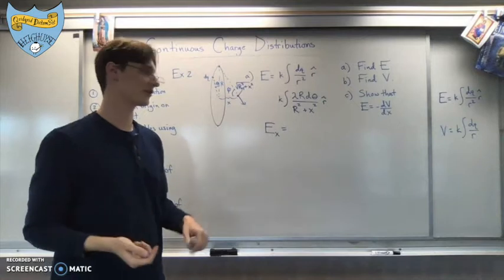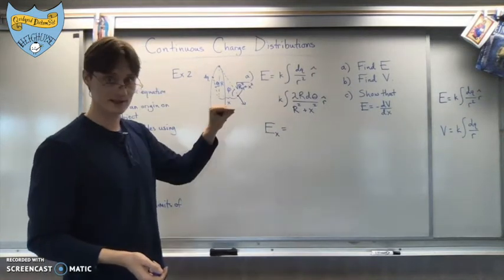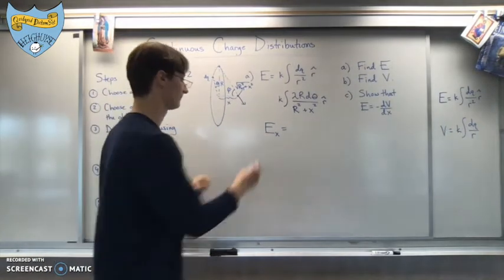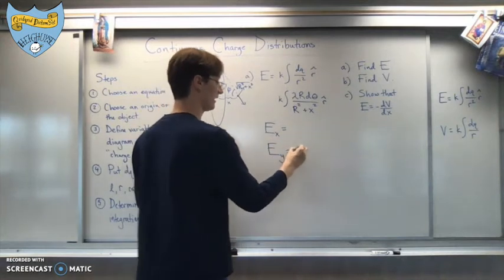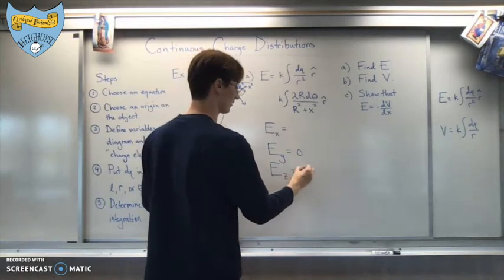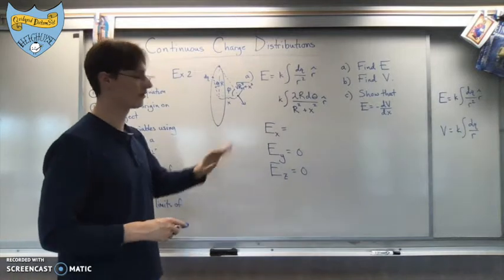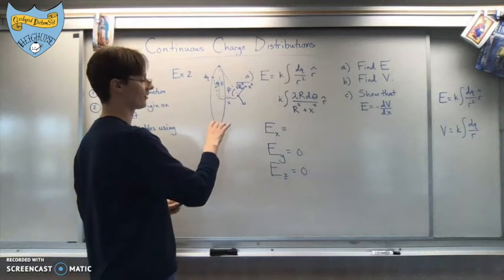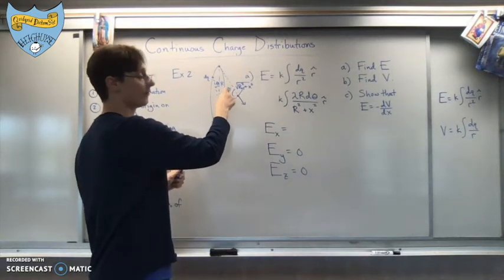Based on symmetry, the y components and the z components are all going to cancel out. Thank goodness, because if they didn't, we'd be up for a much more complicated integral, and I don't really want to think about that. Okay, so back to the x components. The x components then are going to be related to cosine of this angle phi.